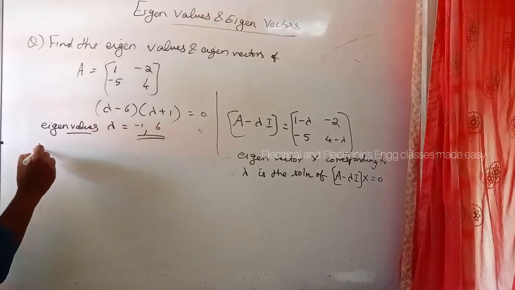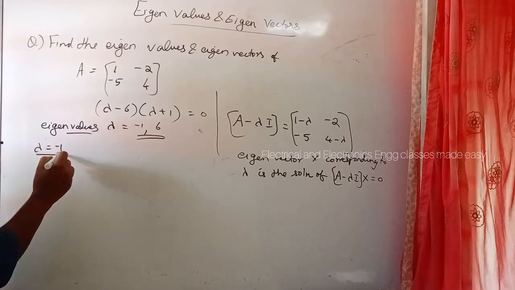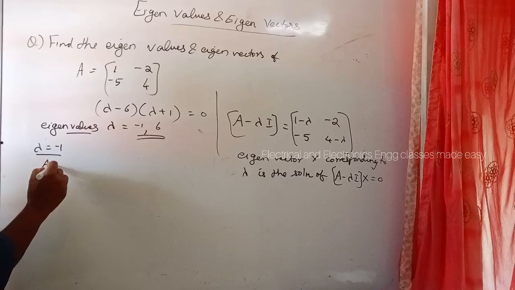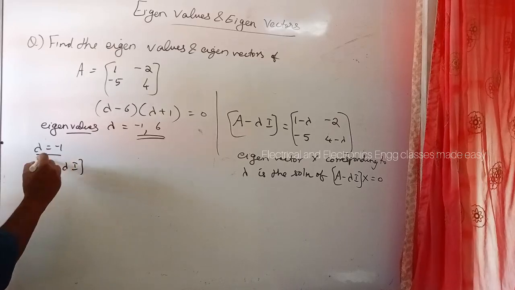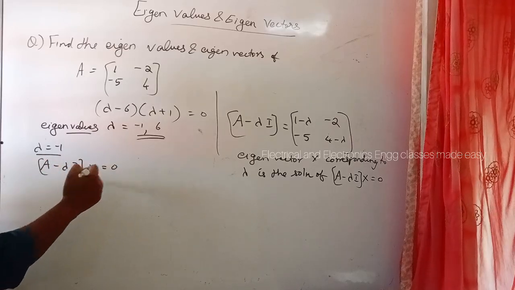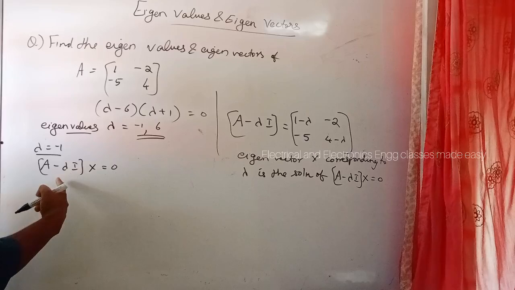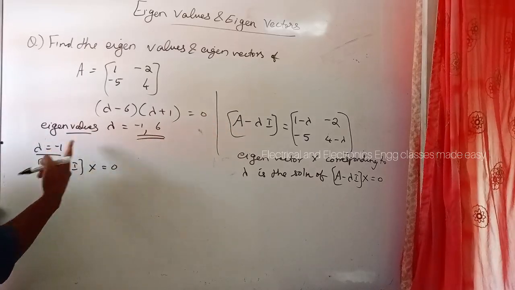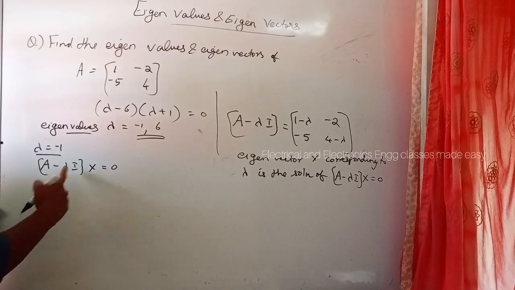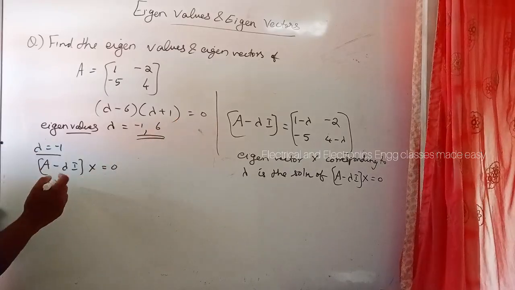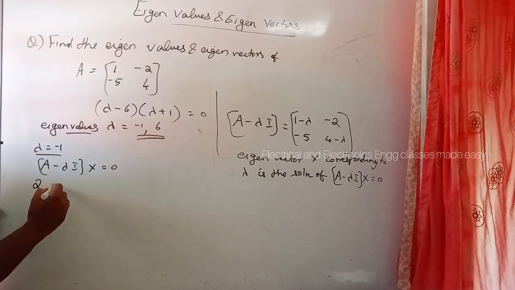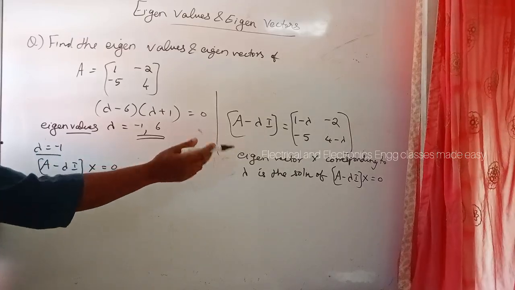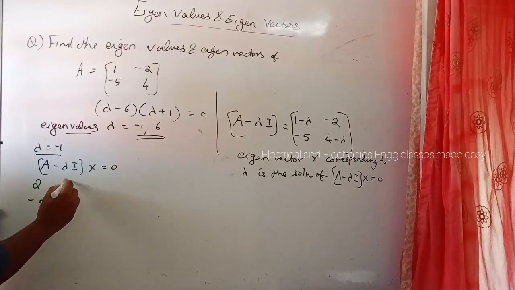So lambda equal to -1. Then we find (A minus lambda I) into x equal to 0. So A minus lambda I is this one. Now put the values of lambda here. So 1 plus 1, that is 2, then minus 2, minus 5, then 4 plus 1, that is 5.